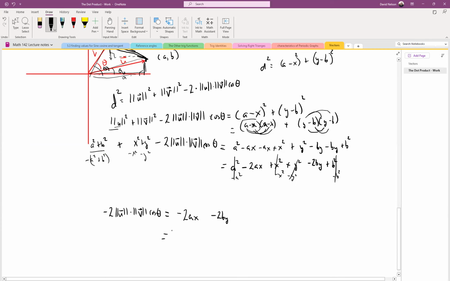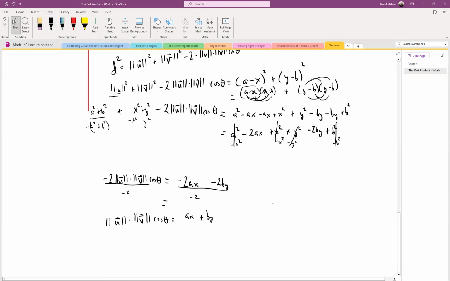And what I can do to clean this up a little bit further is divide both sides by -2, or multiply by -1/2, and the -2 will cancel off on both sides. And I'll get the magnitude of u times the magnitude of v times the cosine of theta is equal to ax plus by. The negative signs will switch that from a minus to a plus sign.